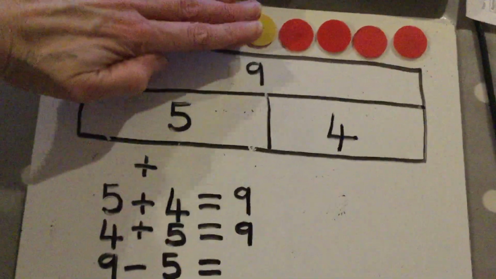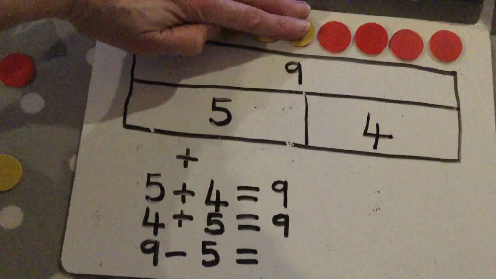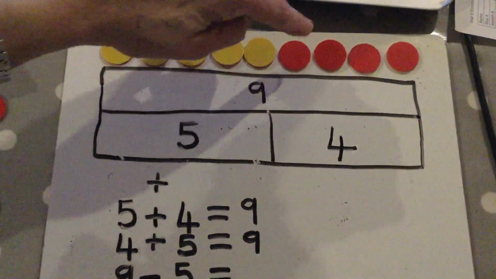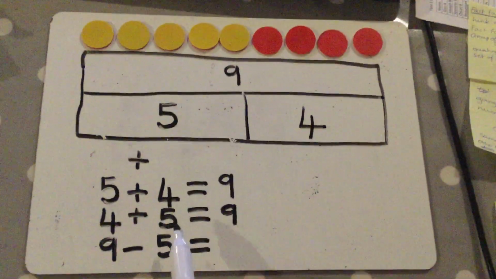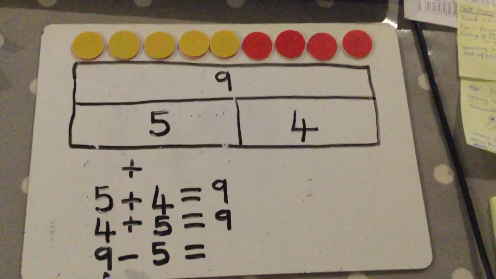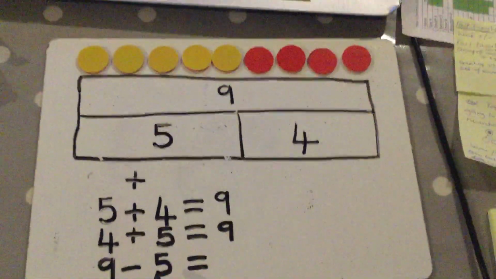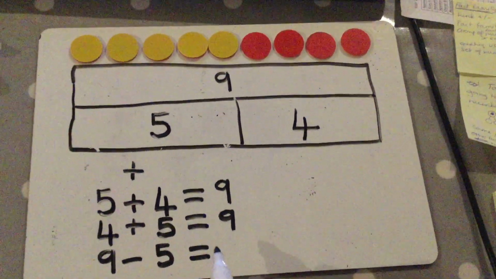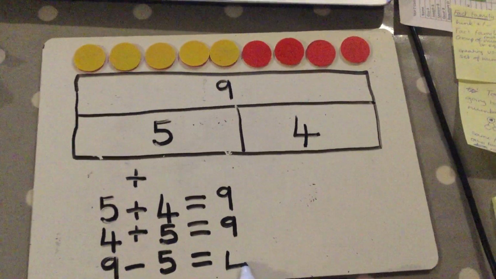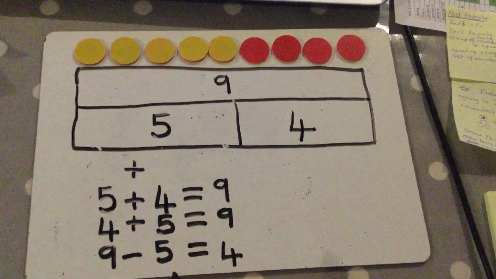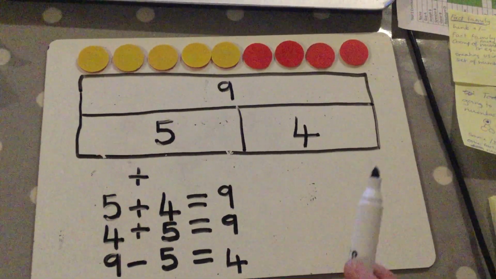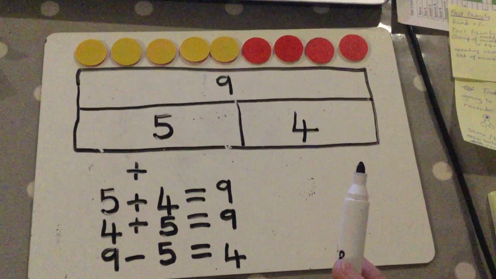So if I took away these 5 counters, I would still have my 4 red counters. So let's look at that number sentence. We've got 9 subtract 5 is equal to 4. So I have my 9 counters, I subtracted the 5 yellow ones, and that left me with the 4 red ones.